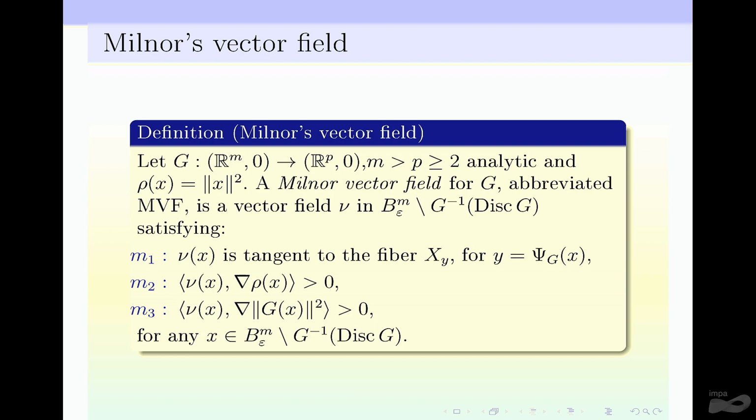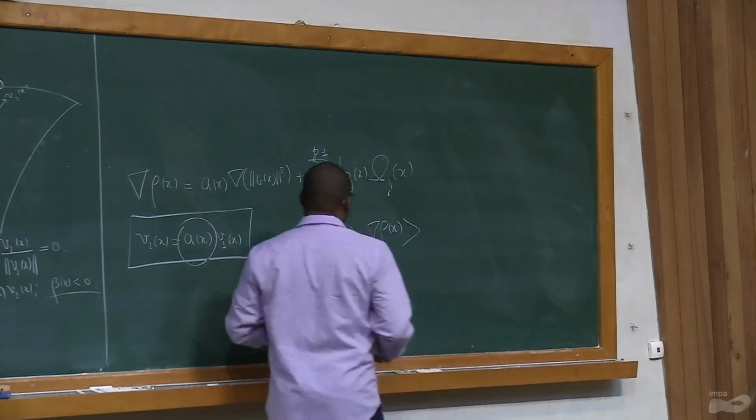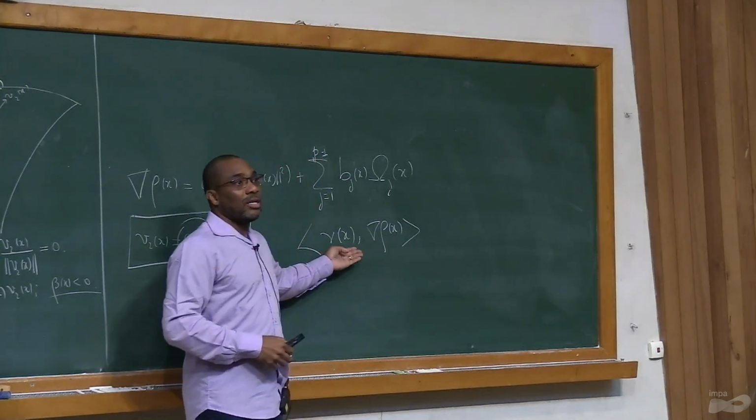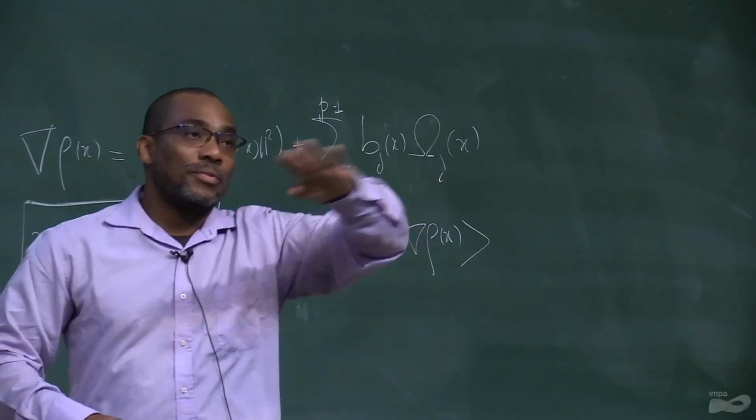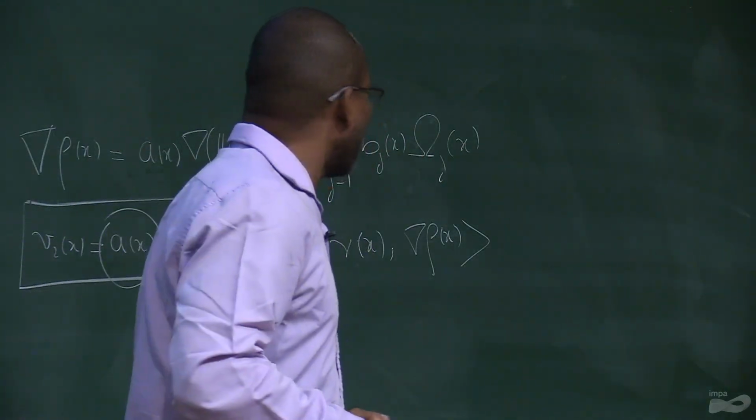But of course, it was constructed to satisfy such a condition because when you consider the dot product between nu x and the gradient of rho x, of course, this guy is in the tangent plane of xy.